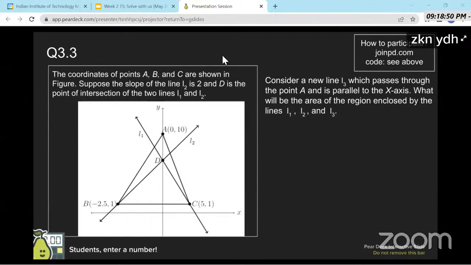Sir, I have a question here. The point D, B, C is forming a triangle, right? Yes. And there's another triangle which is inverted and meeting at the point D. So it's like an hourglass.